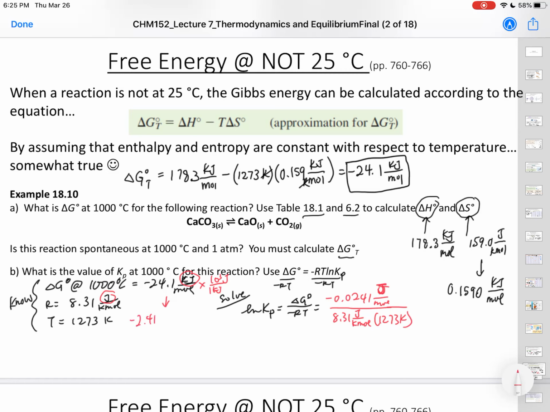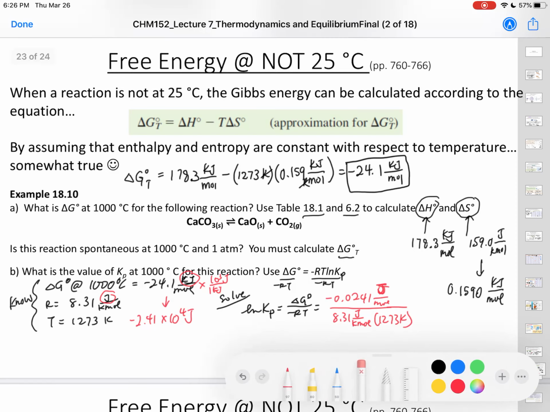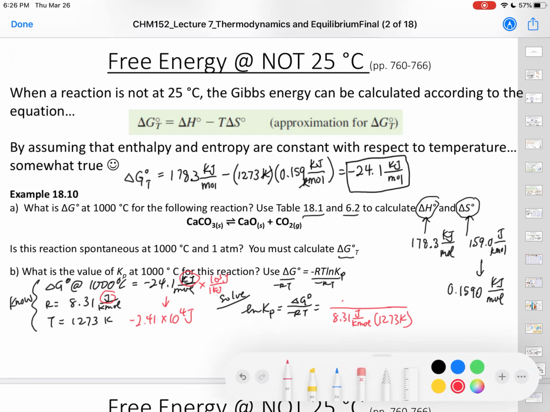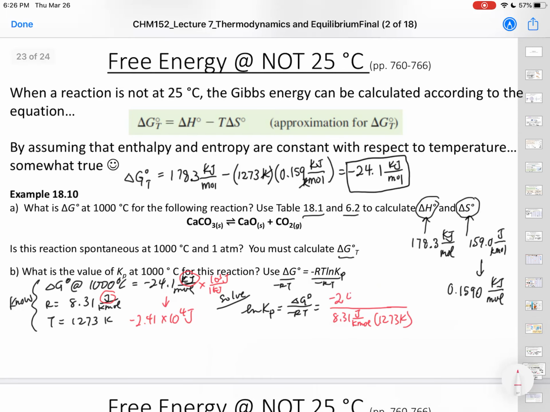This is why you should write conversion fractions down. 1 kilojoule is 1,000 joules. So it's going to be minus 2.41 times 10 to the 4th joules per mole. Yikes, that would have made the math very, very different.